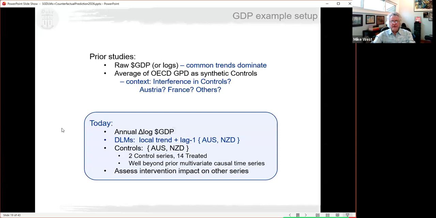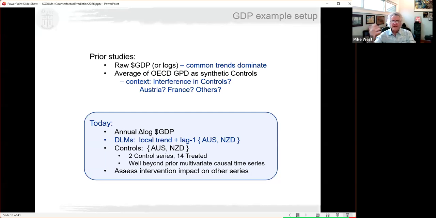So we do something a little different. First of all, we look at the relative changes in GDP on a log scale. And we take 14 countries as experimental, as treated, and only 2, Australia and New Zealand, as controls, on the basis that if there was some interference, Australia and New Zealand are going to be least likely to be impacted.